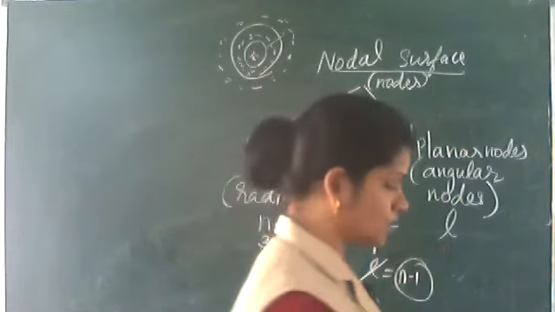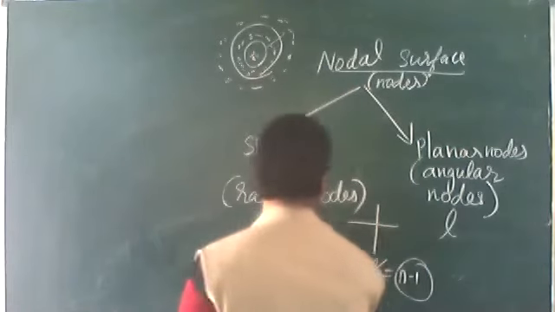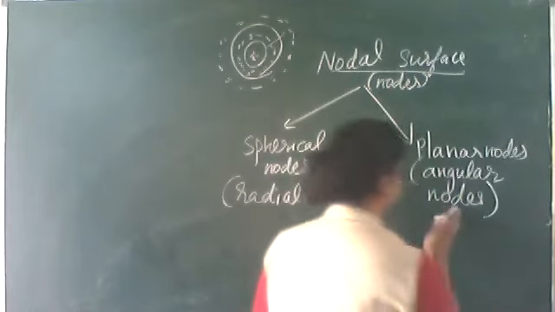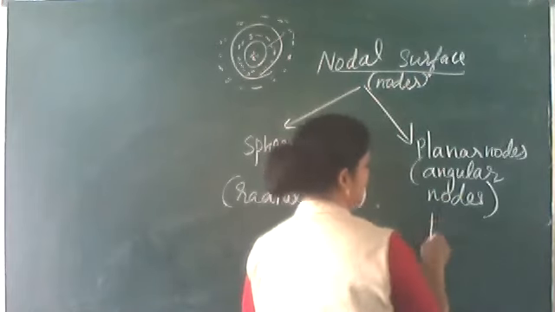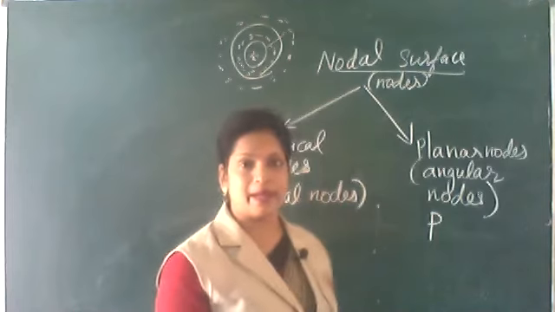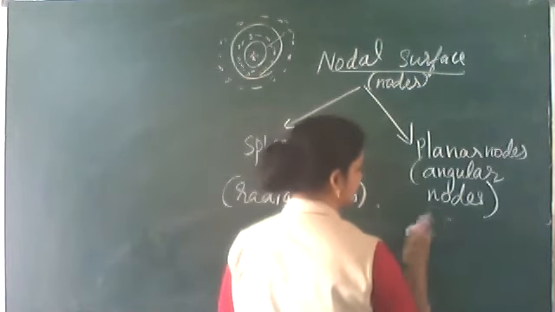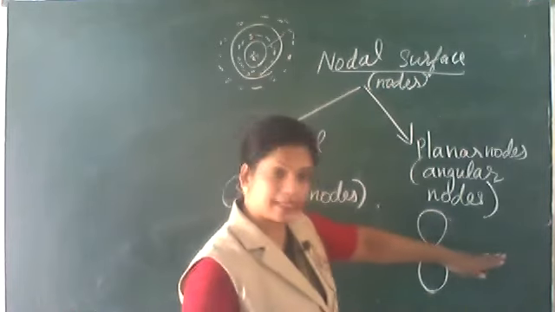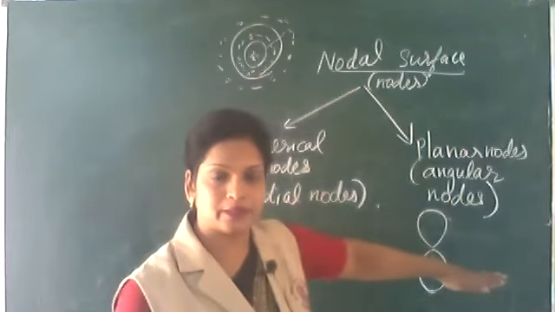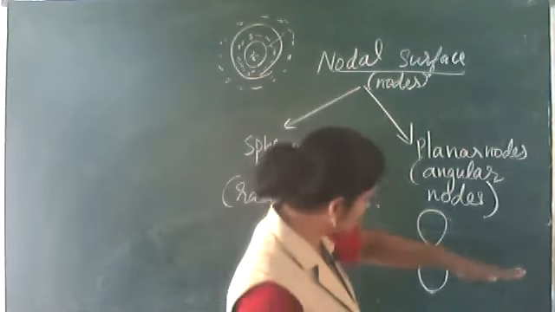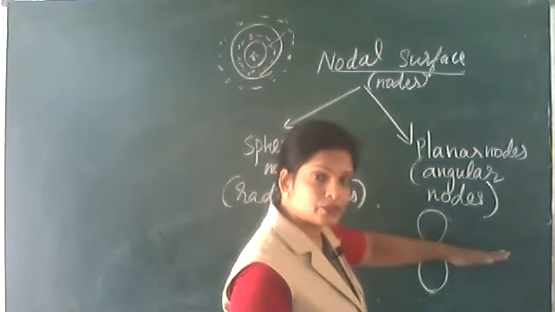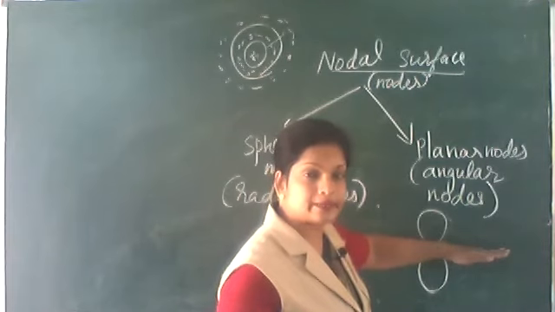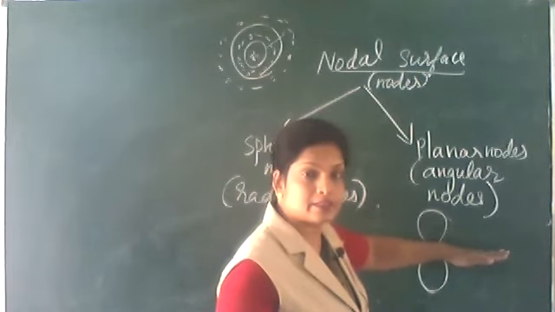Now planar nodes. A p orbital is like this. Between the lobes, I can put a sheet of paper like this. On that paper, the probability density, or probability of finding an electron, is 0.